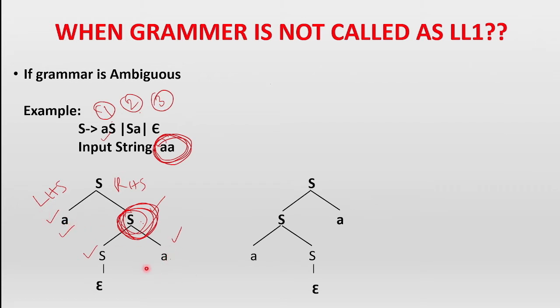So I got my 2 a's, and the string I need to get is only 2 a's, so I can stop. This S has one more production, number 3, epsilon. Epsilon means nothing, empty. So now S is producing epsilon in this case, because if you further extend S, you'll get more a's, and we don't want more a's because the input string given is only double a's. So I got double a's. This is one derivation, and it is called a leftmost derivation, top to down.